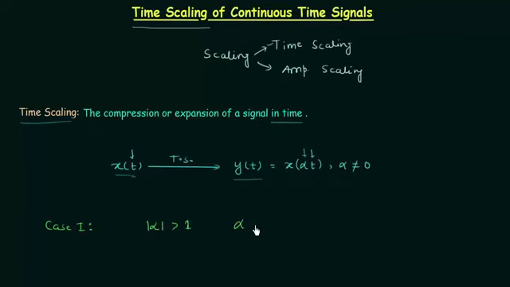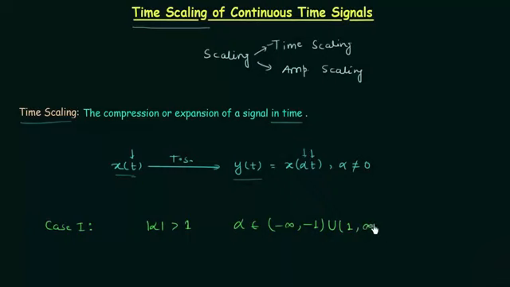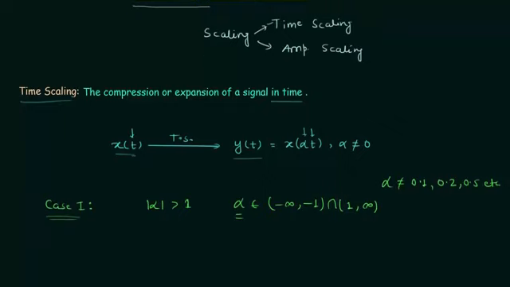This means alpha belongs to minus infinity to minus 1 union 1 to infinity. This is the range of alpha, and this clearly means alpha is not equal to numbers like 0.1, 0.2, 0.5, etc. So mod of alpha is greater than 1 in case number 1, and this is the case of time compression. You will see why this is the case of time compression when we solve one example.